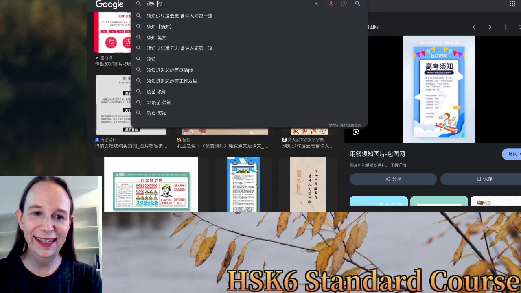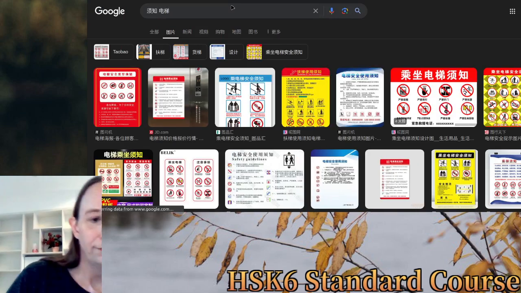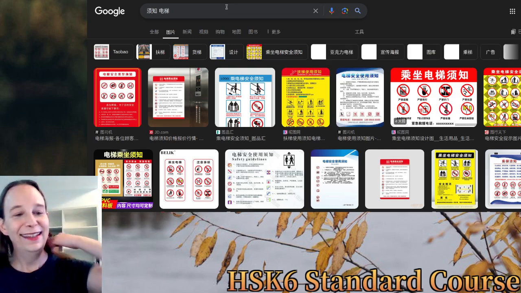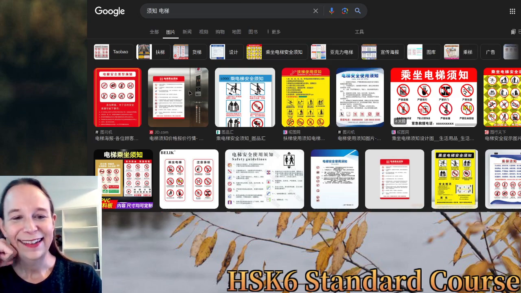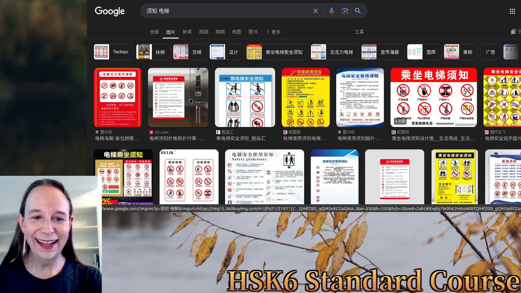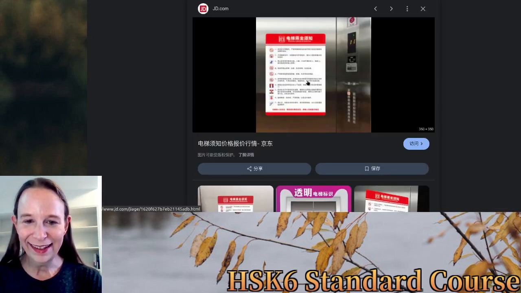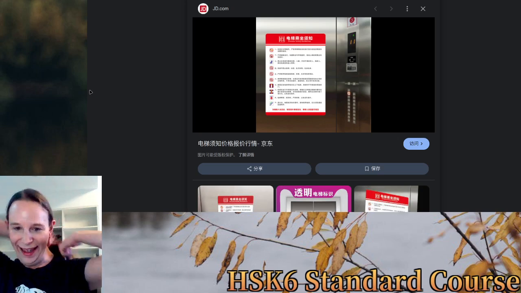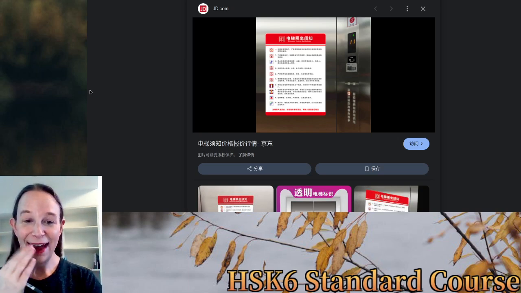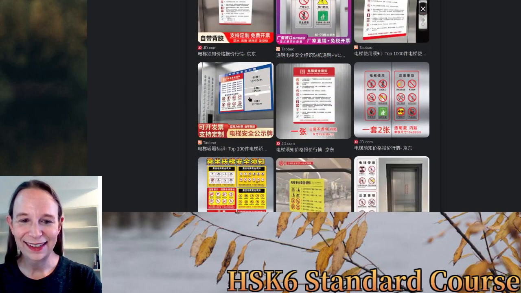So let's put 电梯. So this is an elevator. Yeah, this is a typical elevator in China. They have the 须知, which is like a book almost. Like, oh, I'll get on to reading that. It's so long. Yeah. If you actually stopped and read that, it would take like 10 minutes or something. 须知.